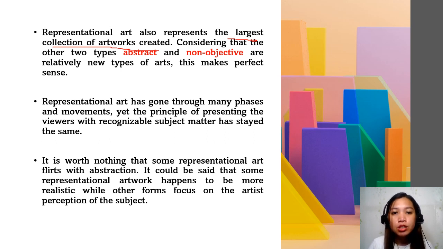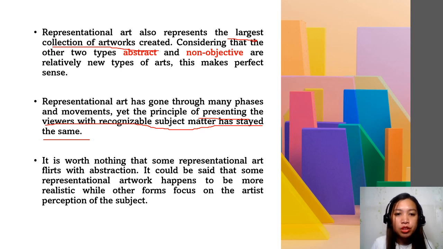Representational art has gone through many phases and movements, yet the principle of presenting the viewers with recognizable subject matter has stayed the same. As long as there is a clear subject in the art, whether it's a sculpture, a painting, or photography, that is representational.